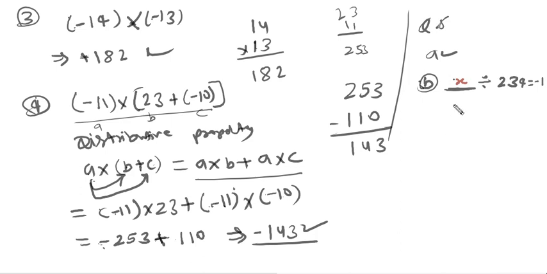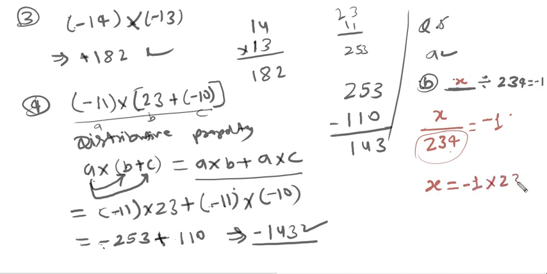Now solve it. X divided by 234 is equal to minus 1, I can write it like this. Now if I transfer this 234 to the other side of the equal sign, it will go in the numerator, so minus 1 into 234.